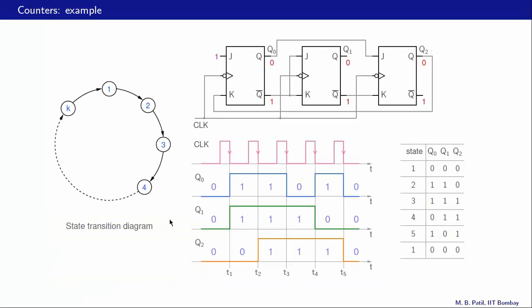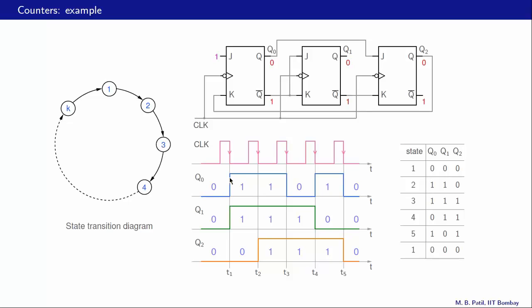Here is an example of a counter. This is the general state transition diagram, and this is our specific counter. And in fact, this is a circuit we have already looked at earlier. So the sequence for this counter is shown over here. If we start off with Q0, Q1, Q2 equal to 0, 0, 0, then this is how it proceeds. And here is a table showing Q0, Q1, Q2. So we have 0, 0, 0 to begin with, that is our state 1.